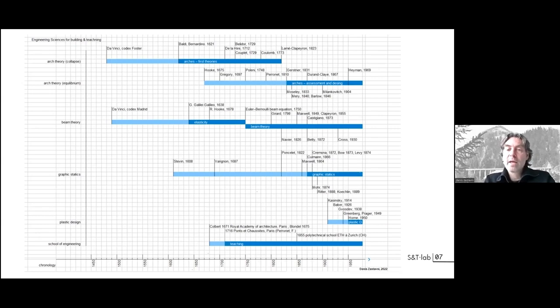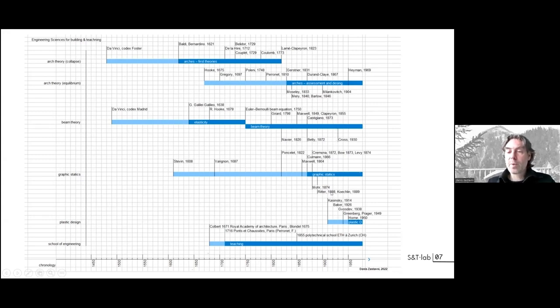We arrive in 1826 with Navier, proposing the theory of elasticity. There were some later developments, and this was still the most advanced theory at the very beginning of the 20th century.